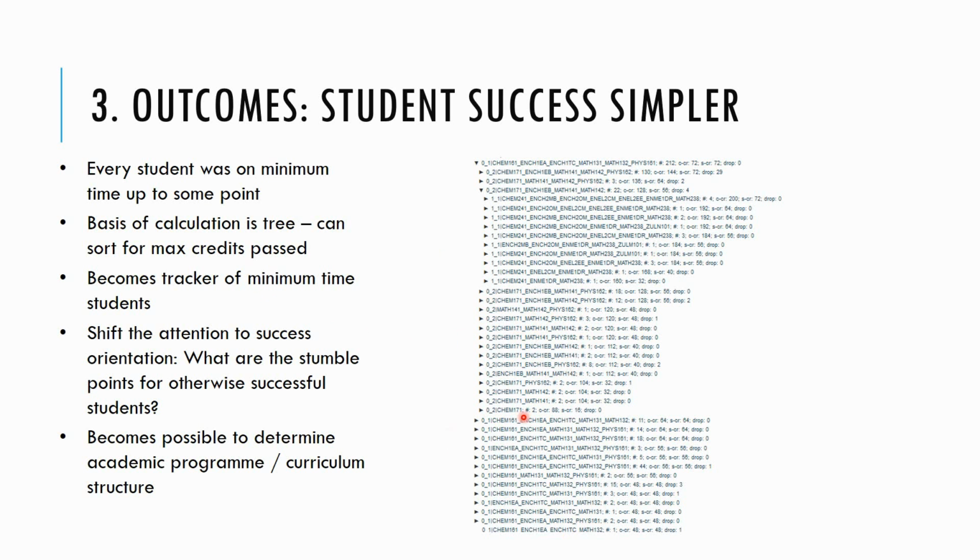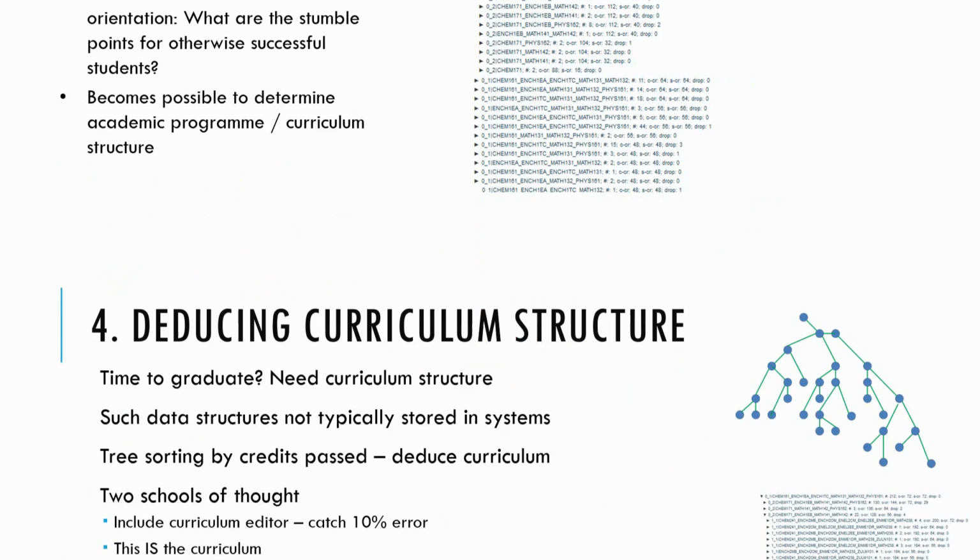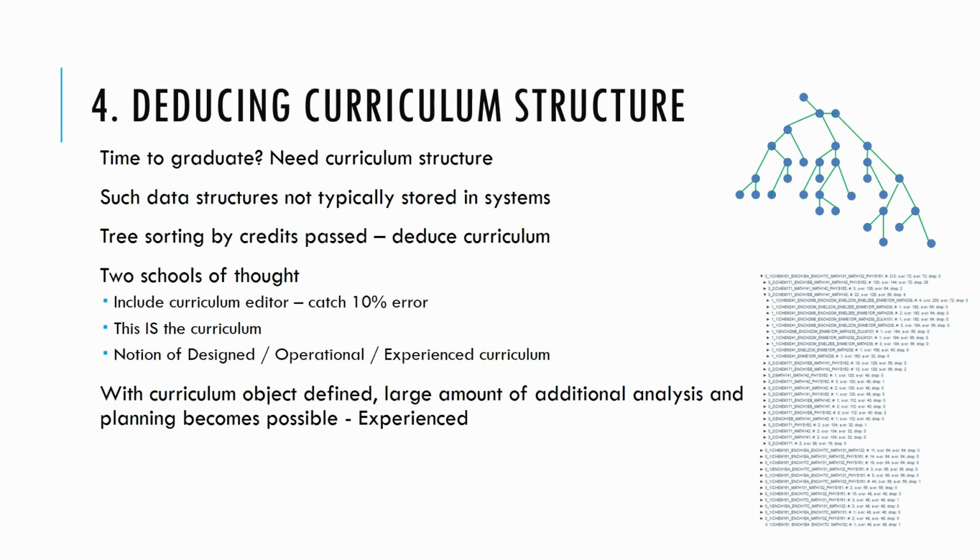And because we are deducing it from the student records, that is in effect the experienced curriculum, or the curriculum that the student feels is applicable to their progression. So the way that we did that was we were able to sort, in any given semester, the courses that were passed in terms of frequency and in terms of credits that the students undertook.